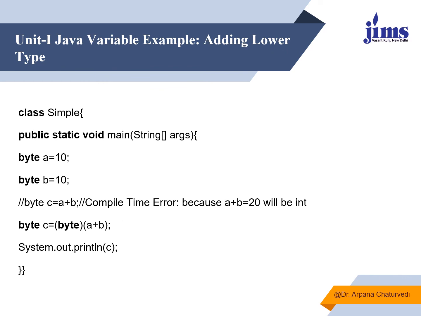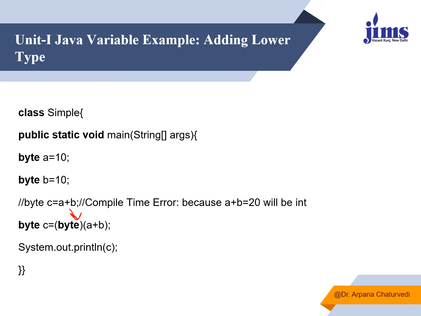Higher data type can be stored into lower data type by typecasting it, as we have just seen earlier also. Here we are having three variables a, b and c, all three of byte type.